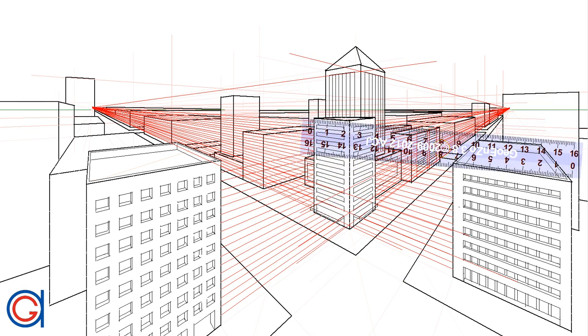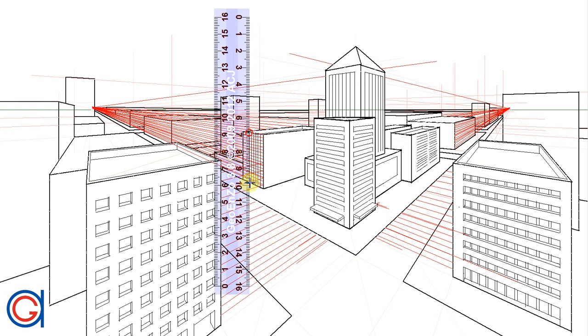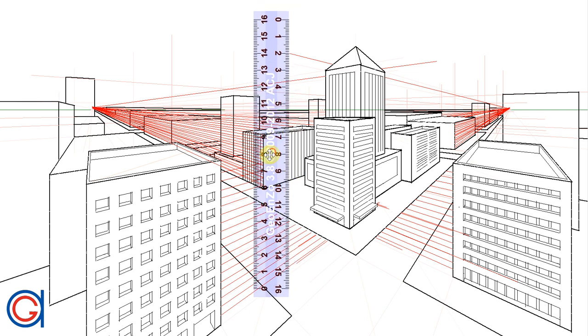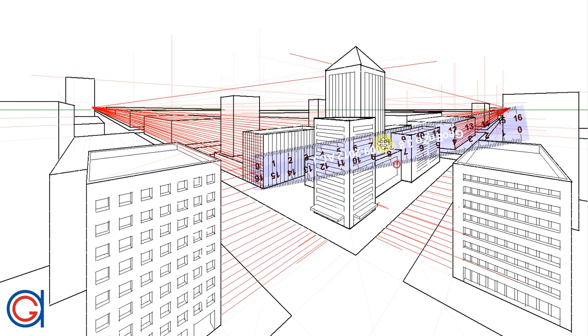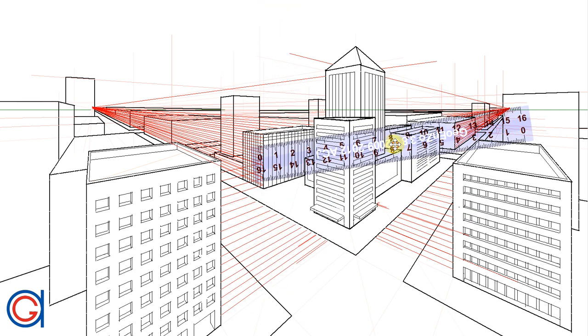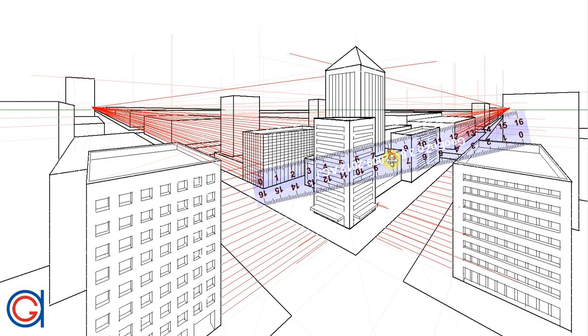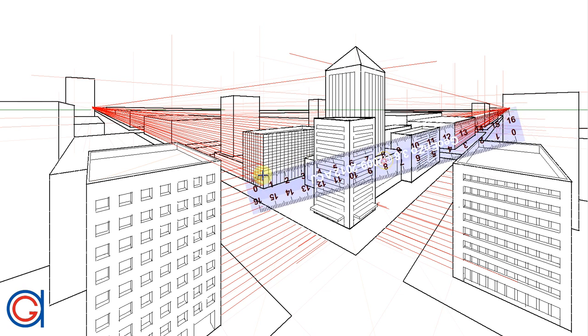So now we're going to speed up the video, continuing the same process, finishing off the details of the different buildings. And again, the further away we go from the viewer, the less detail is necessary. You don't need to give it a 3D effect like we did with the front buildings.